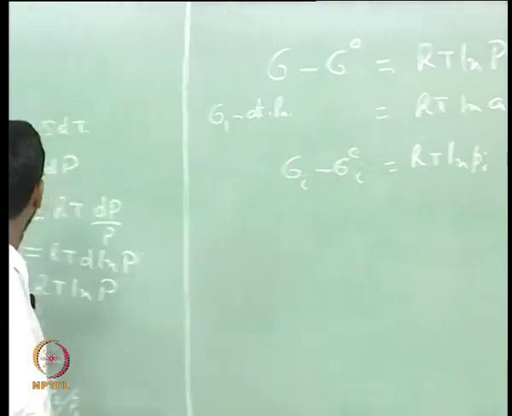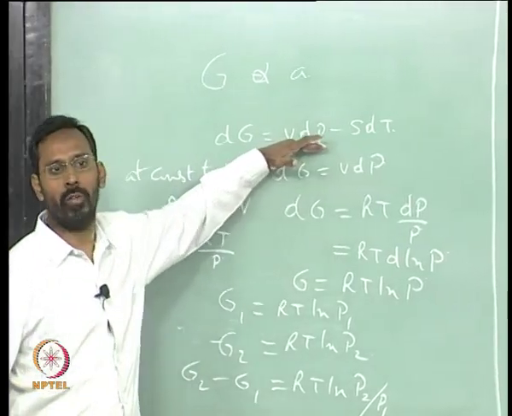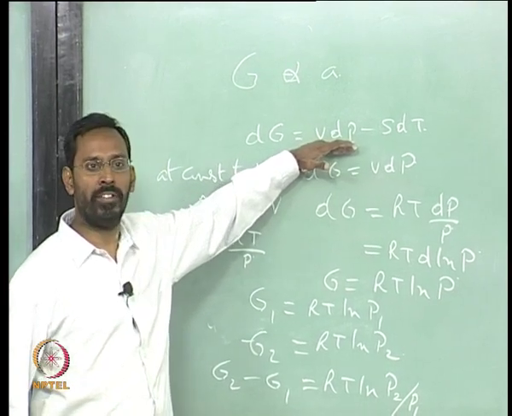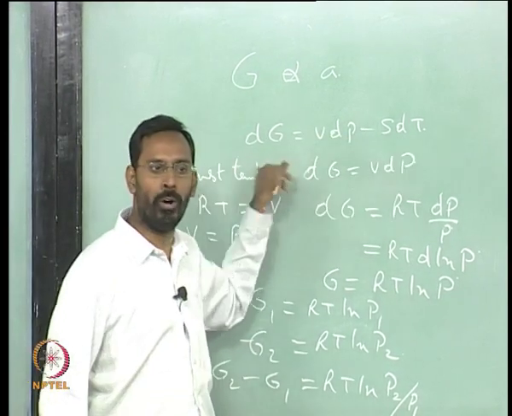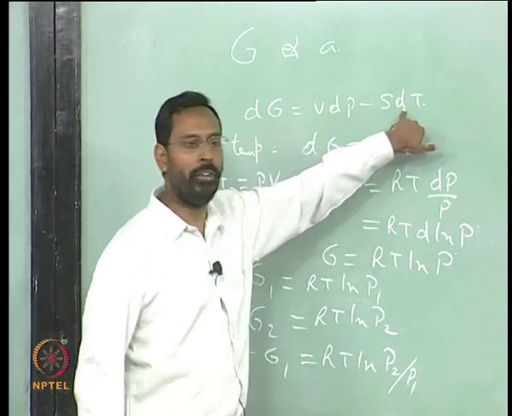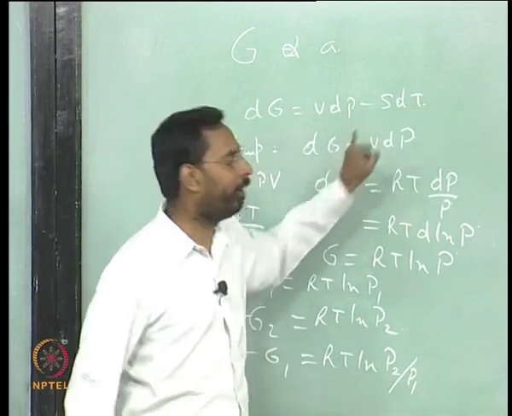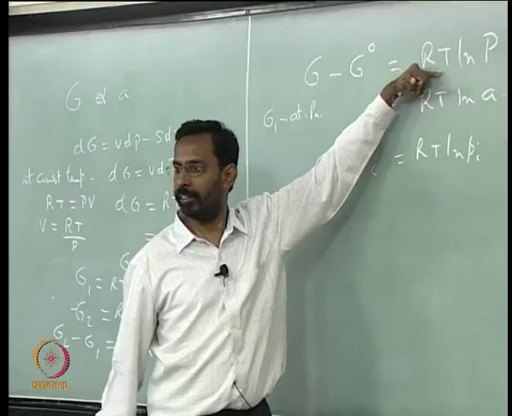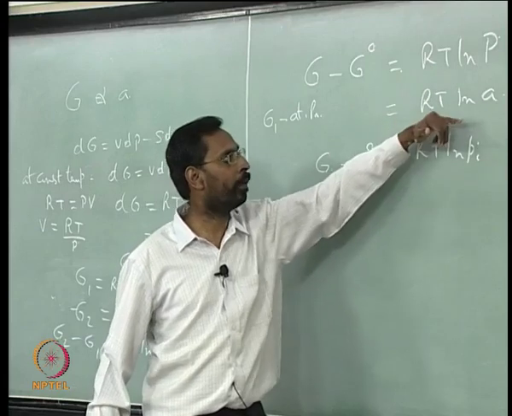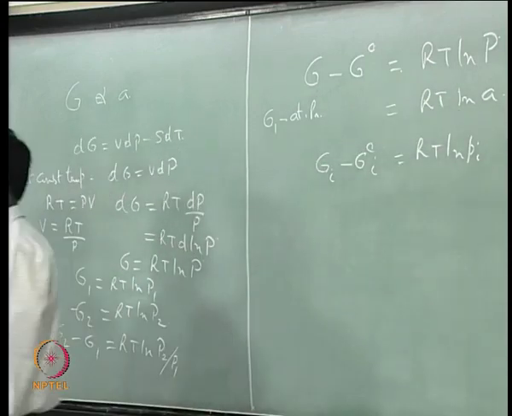So you can see, starting from a simple Maxwell's equation, which is dG is VdP minus SdT, and this I hope all of you know how we derive it. I will not need to derive it. We are simply assuming the temperature to be constant, and from there we have arrived at this for a given pressure, one pressure being atmospheric pressure, and from there we have come to the activity.